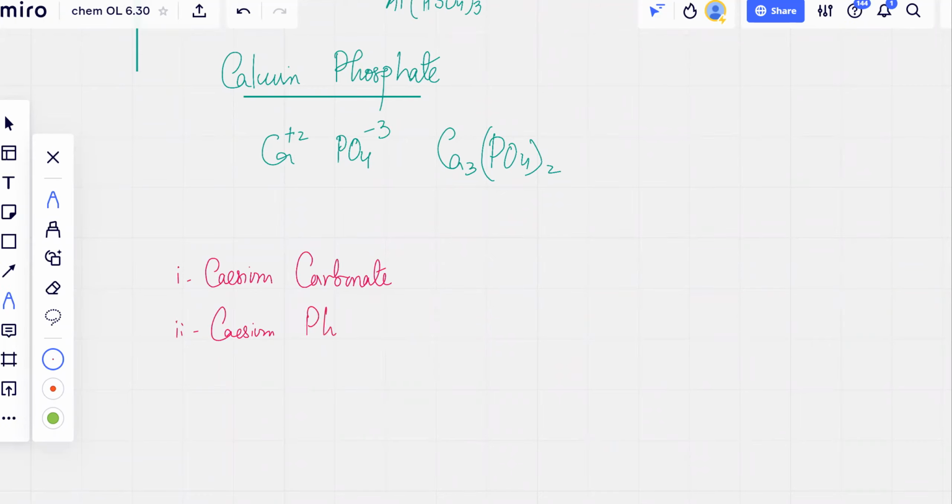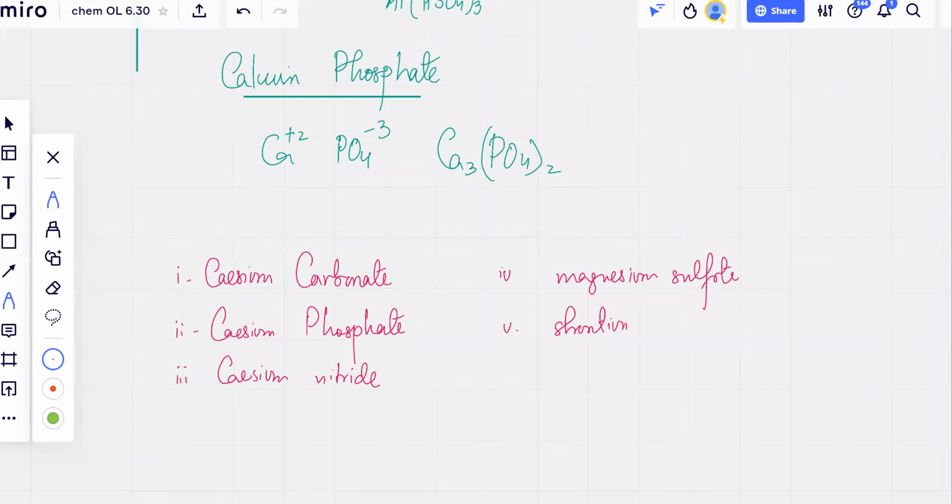So you've got cesium phosphate, cesium nitride, then number 4 you've got magnesium sulfide. You've got strontium phosphide.